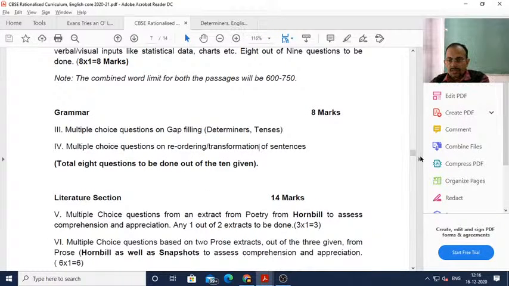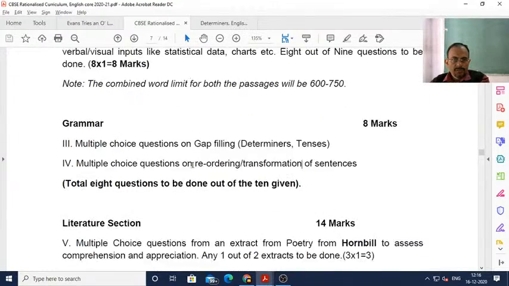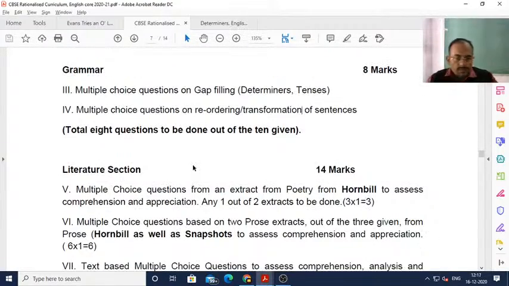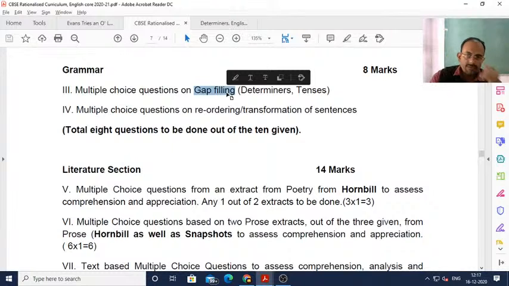So, dear students, now you see multiple choice questions on gap filling. Sorry, determiners will come under gap filling, dear students. Like the tenses will also come under gap filling.